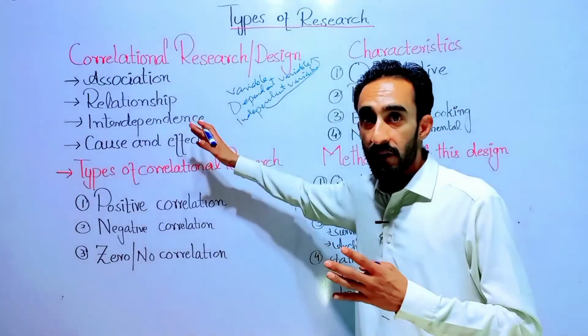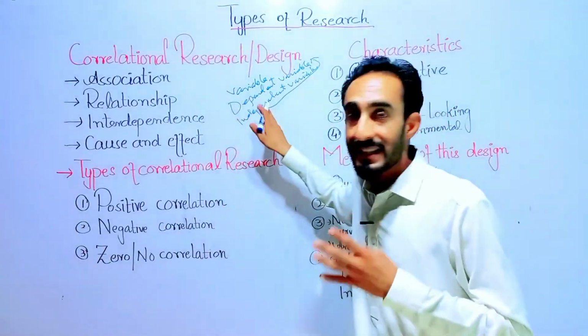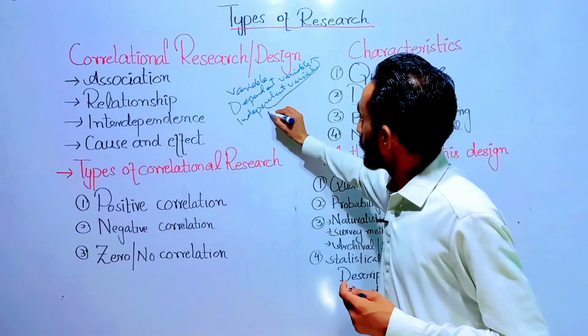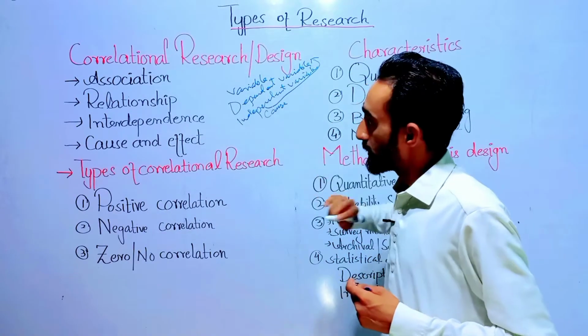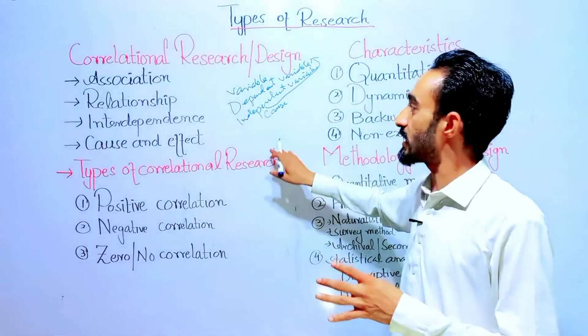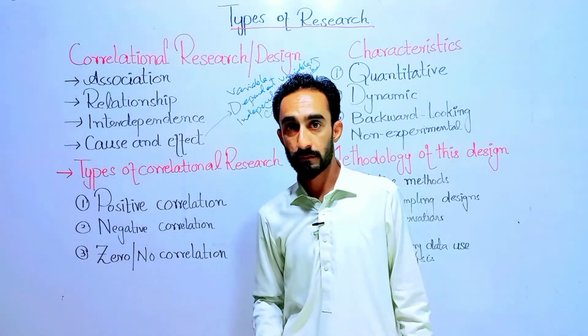And in correlational research, we see this relationship, this association, and this interdependence, and this cause which is caused by the independent variable, and due to this cause we see the effect in the dependent variable.